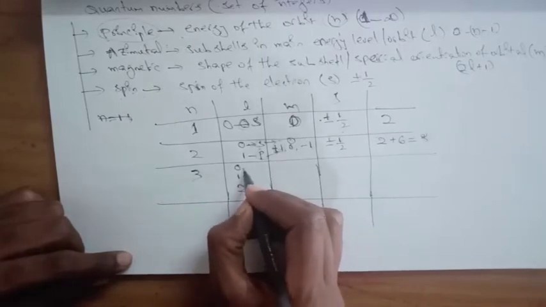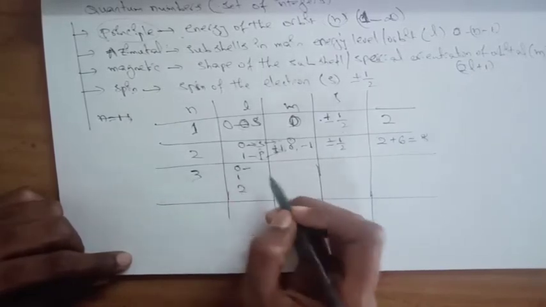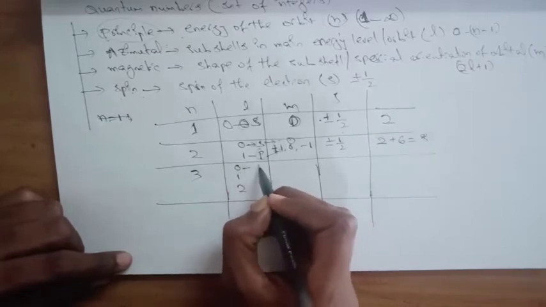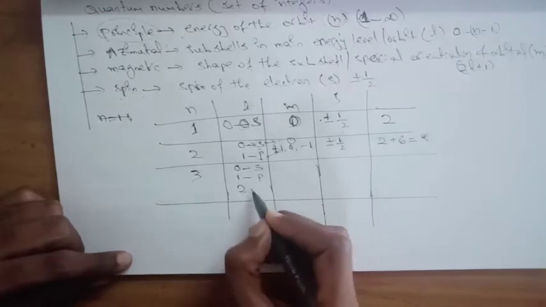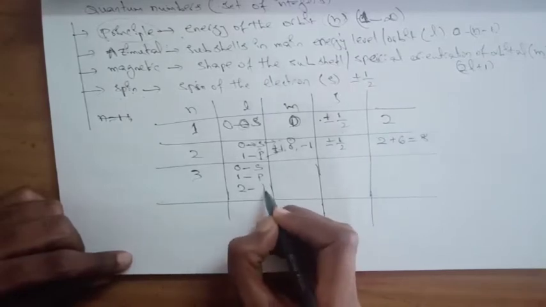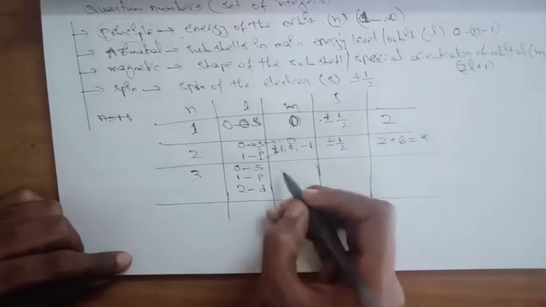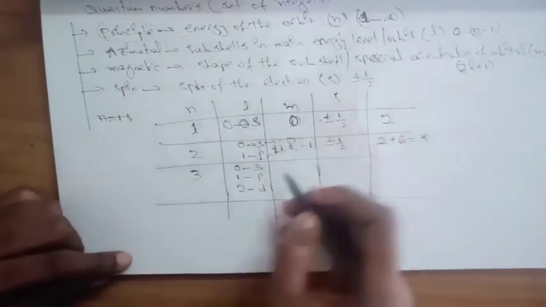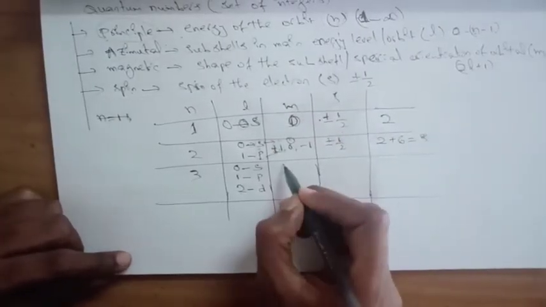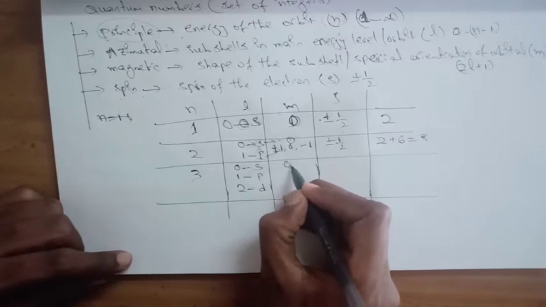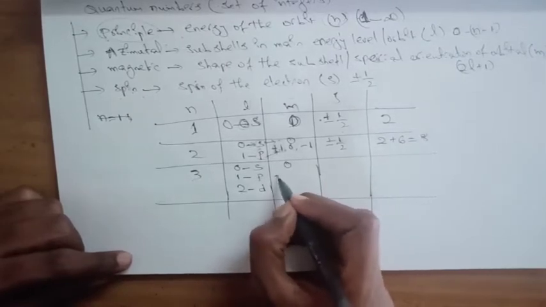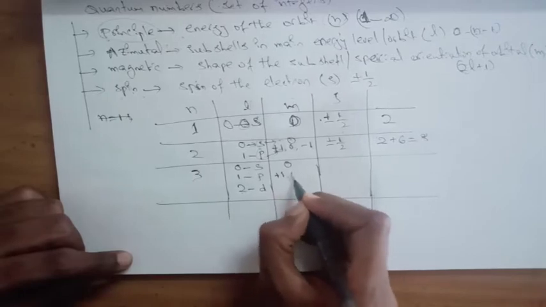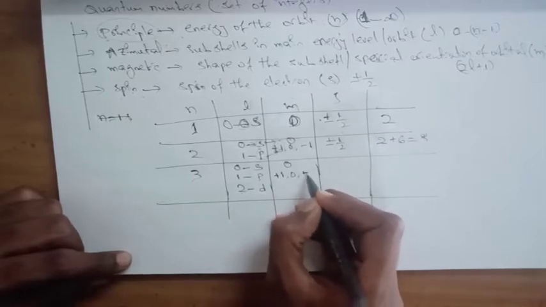Position 0 indicates the s orbital, position 1 indicates the p orbital, and position 2 indicates the d orbital. In the s orbital there is only 1 orbital present. In the p orbital there are 3 orbitals present: minus 1, 0, and plus 1.